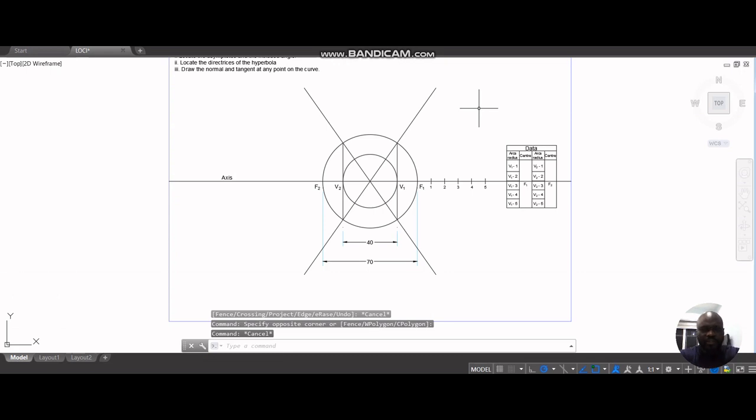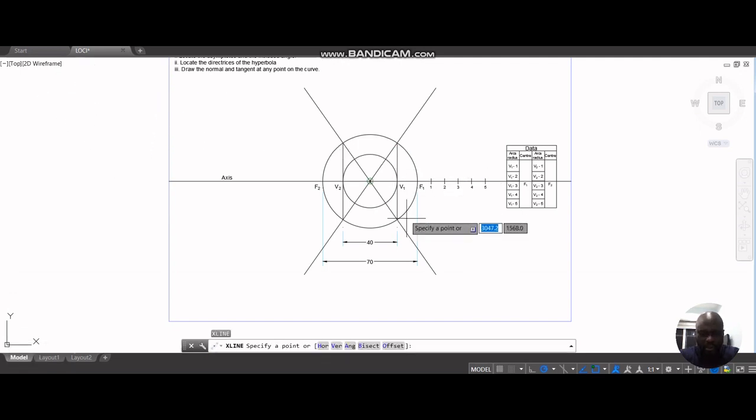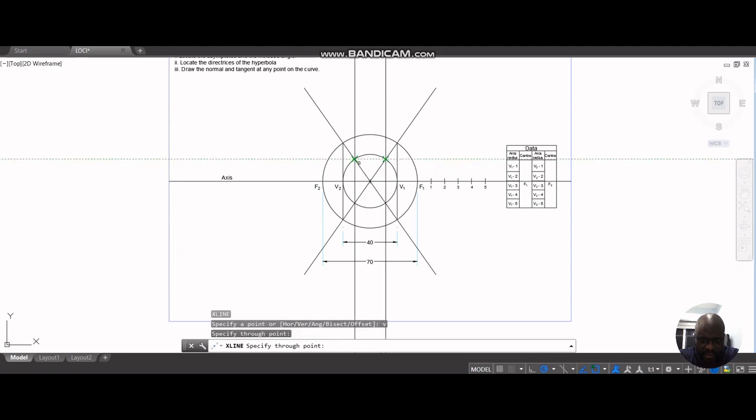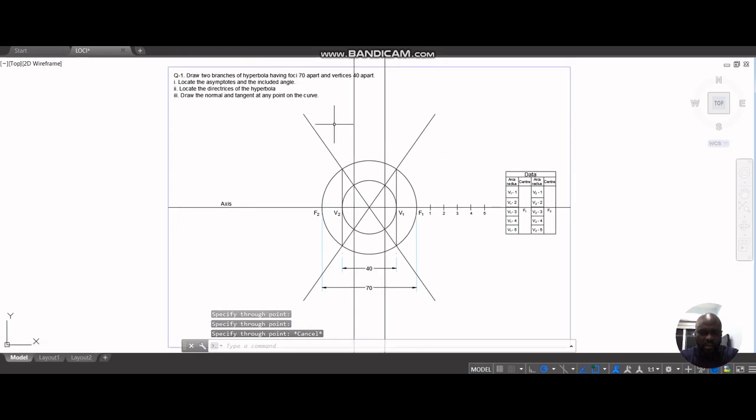The directrices will be at the points where the asymptotes cut the small circle through V1 and V2. So we can also locate the directrices using that. Let's have construction lines erected at a point right here and another one right there. We can assume any length. In this case, I'm going to take 60 or so.